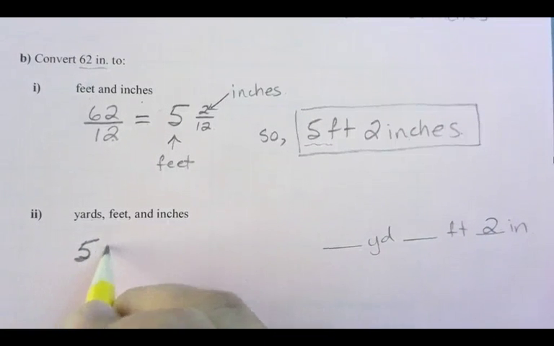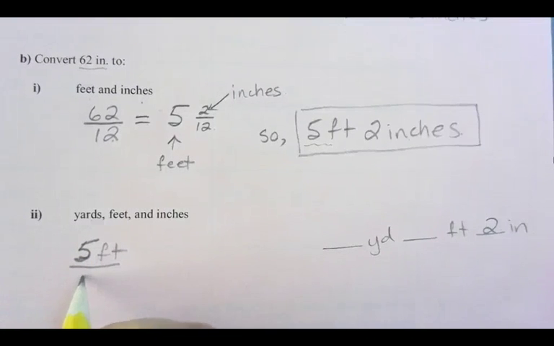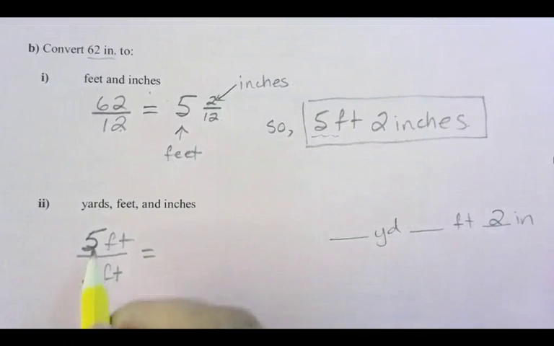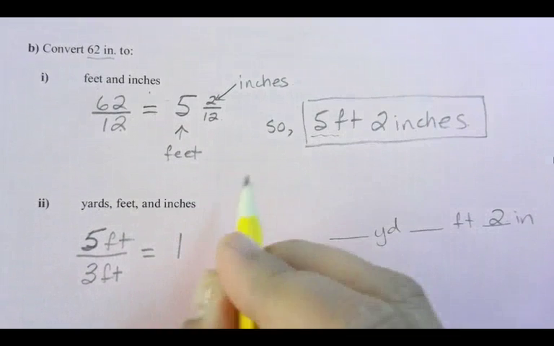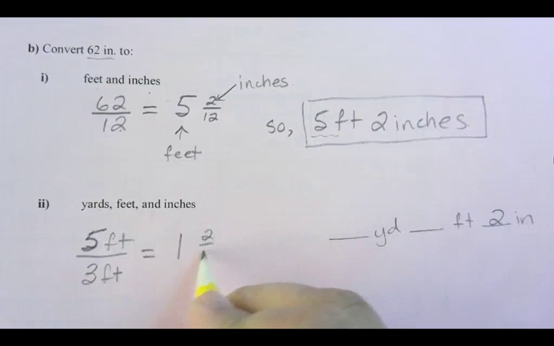Well, how many feet are in 1 yard? Right? So there's 3 feet in 1 yard. So if I were to change this to a mixed fraction, what's it going to look like? 1 and 2 over 3.